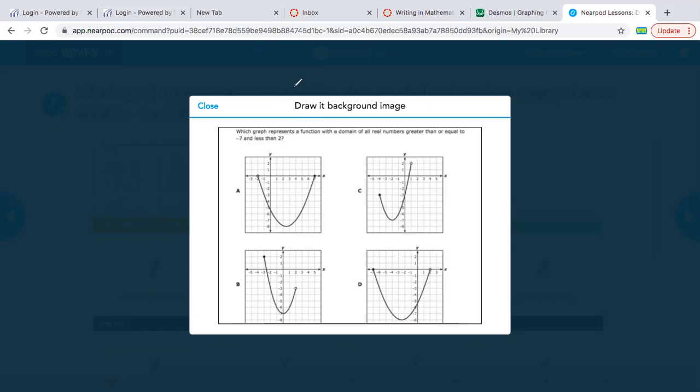And you're looking at the domain, so you're looking from left to right.